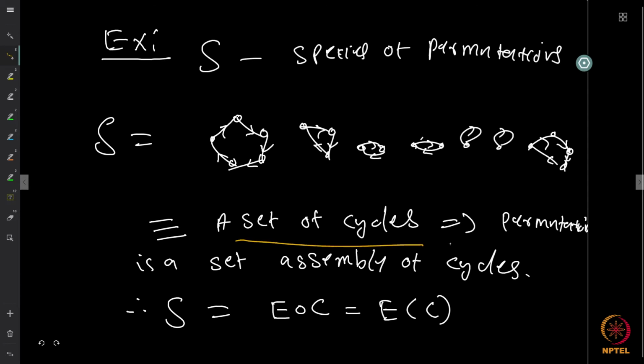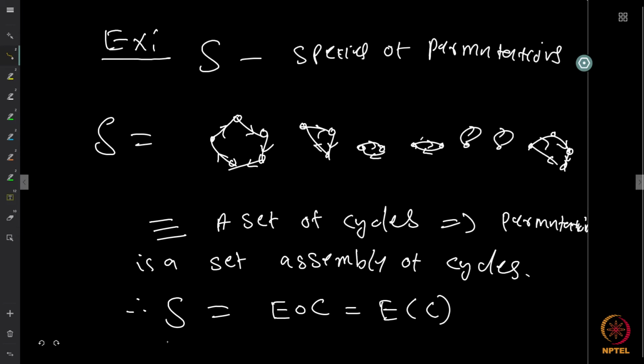So a permutation is a set assembly of cycles, because you take the set, you partition, put a cycle structure on each of them, right? Put them together, you get a permutation, because that is precisely what a permutation is. And putting them together means that you're forming a set of these, right? So basically it's a set assembly of cycles.